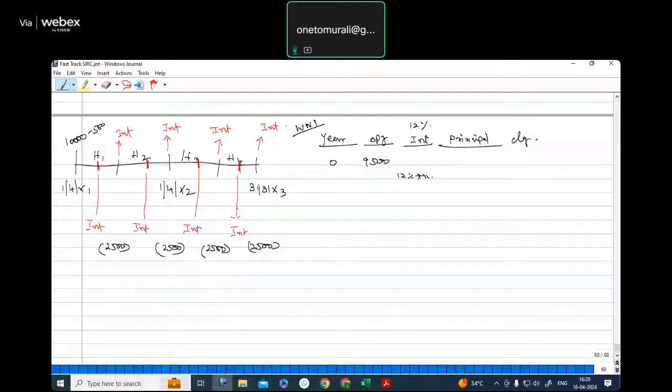So read the condition carefully. What is it they said? Repayment of loan to be repaid half-yearly, 2,500 installment. Interest to be charged quarterly. So that is what you have. 500, 9,500.